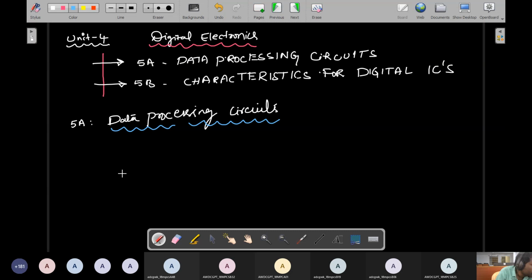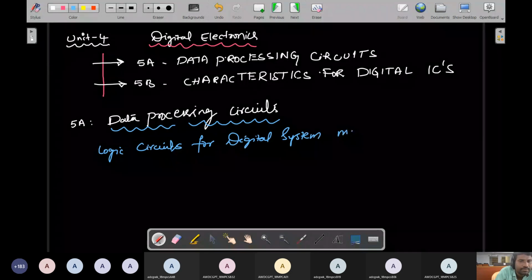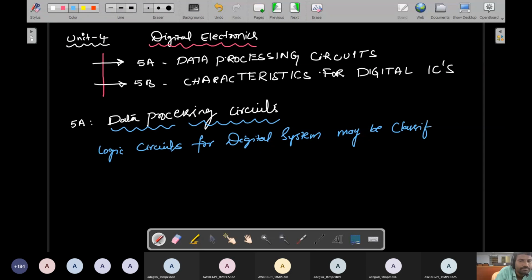The logic circuits for a digital system may be classified into the following two categories.